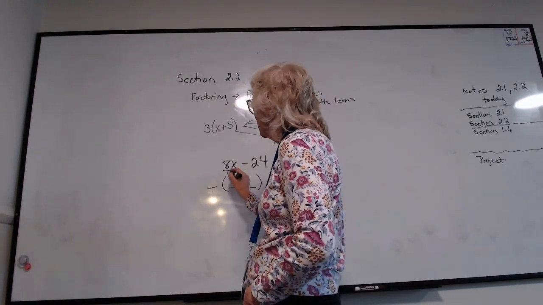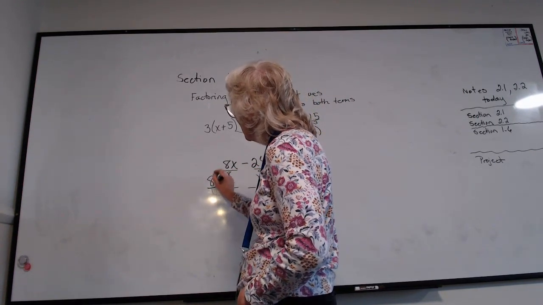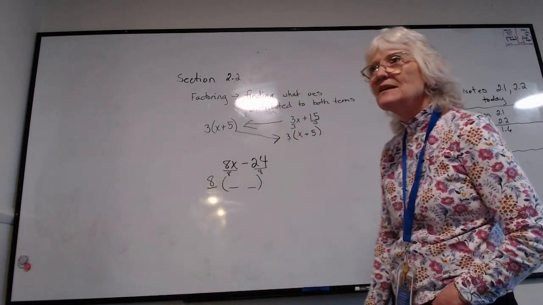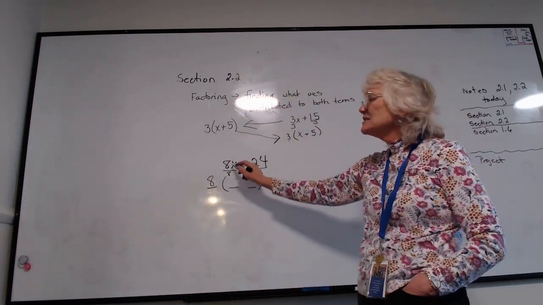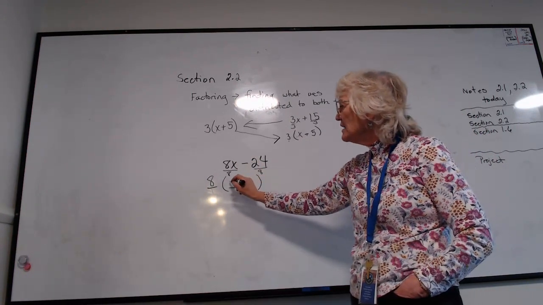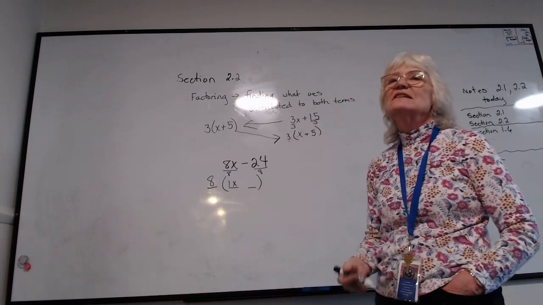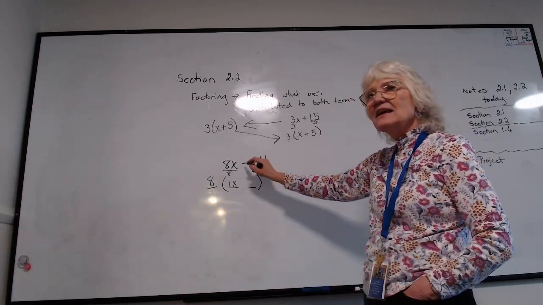So I can divide this by 8 and this by 8. So what I'm dividing by comes out in front. What goes in here is the actual division. 8 divided by 8 is 1. So this is going to be 1x, which is just x. This is a negative.